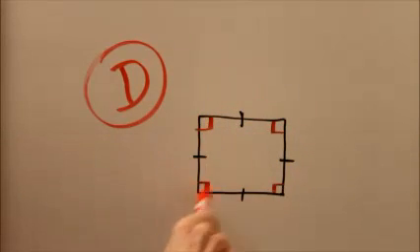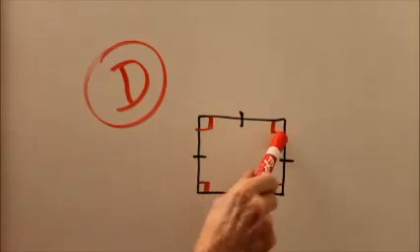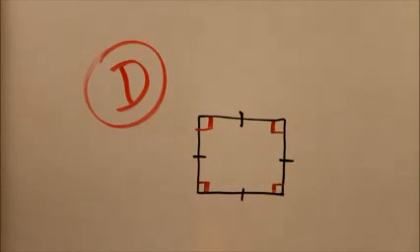Well, they do in this case. And all 4 angles have to be 90 degrees, which they are. So again, choice D is the statement that is true. All the other 4 are not necessarily true. They are not totally true. Choice D again is the one you want.